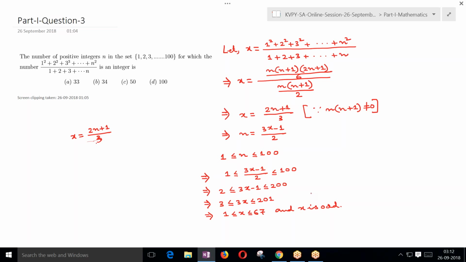We get 34 such numbers possible, correct? And we get the correct option as B.